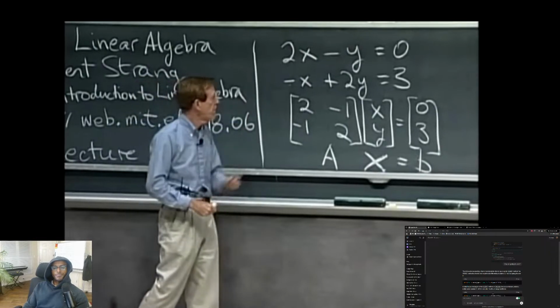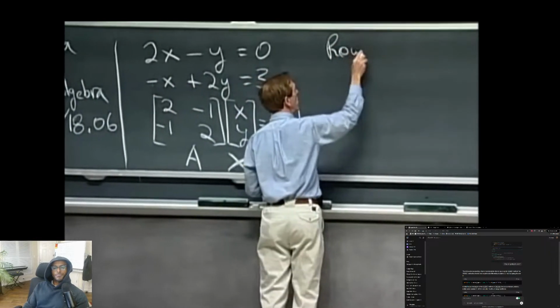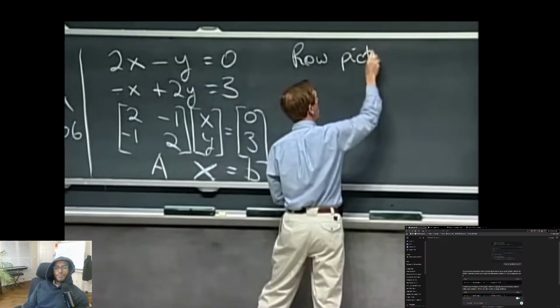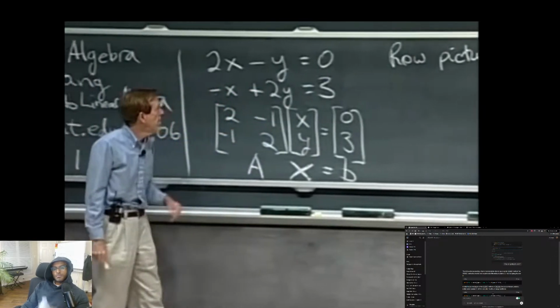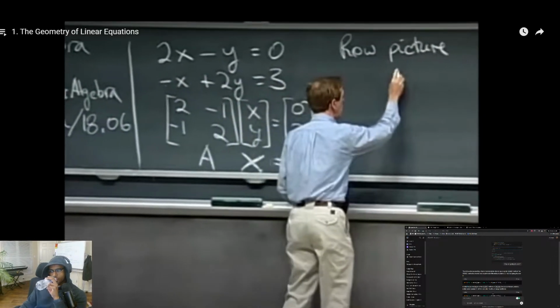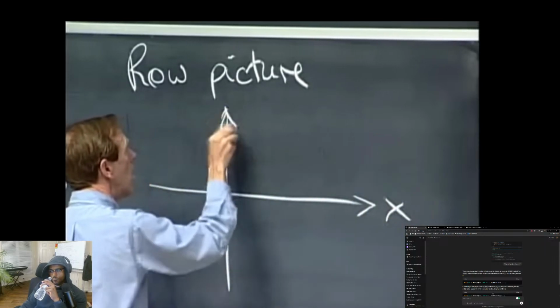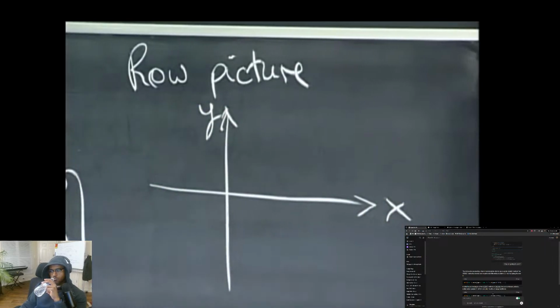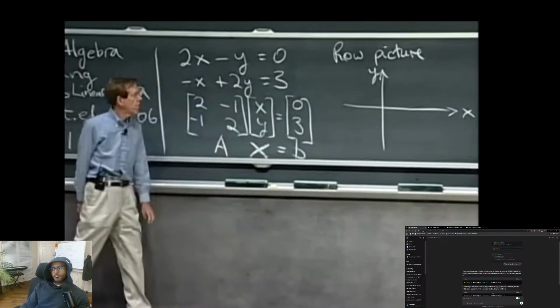Okay, what's the picture for this example? The row picture. So here comes the row picture. That means I take 1 row at a time, and I'm drawing here the xy plane, and I'm going to plot all the points that satisfy that first equation.